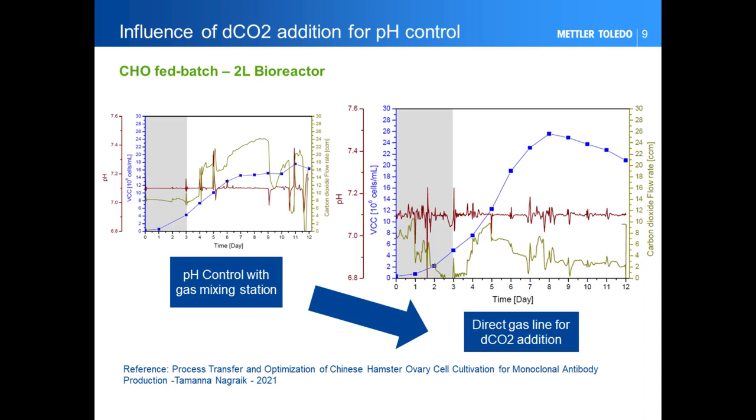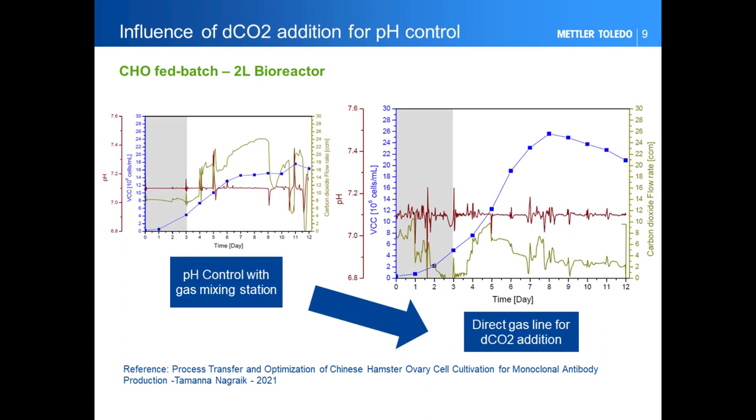Second graph, same experiment, but modified gas supply for the CO2, for the dissolved CO2. So the maximum viable cell density achieved during the process was above 26 million per ml on day 8, and the viable cell density was comparable to the golden batch.